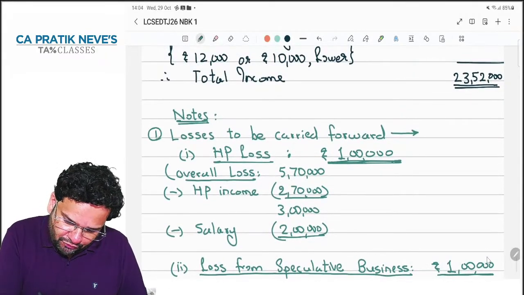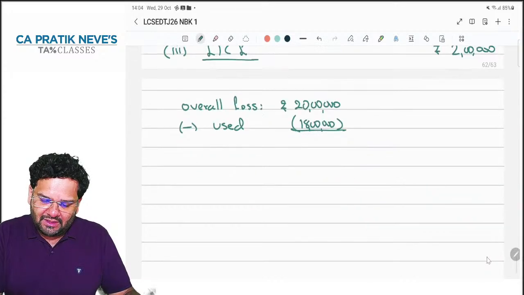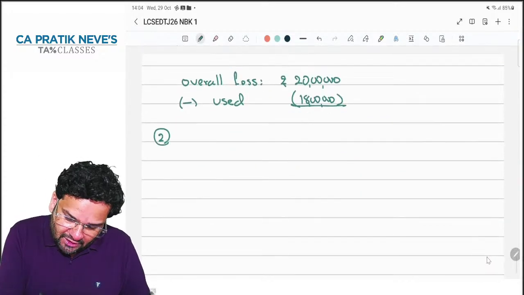And then one more thing you should write. If this was your first note, losses to be carried forward, then there will be a second note.